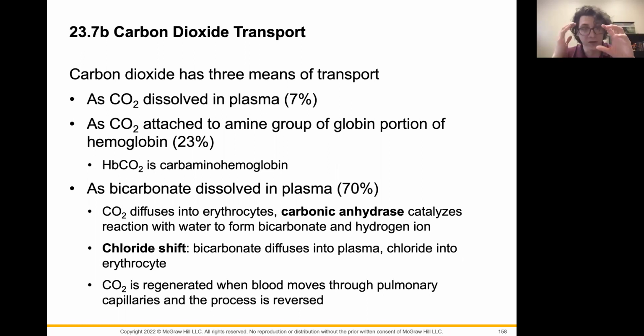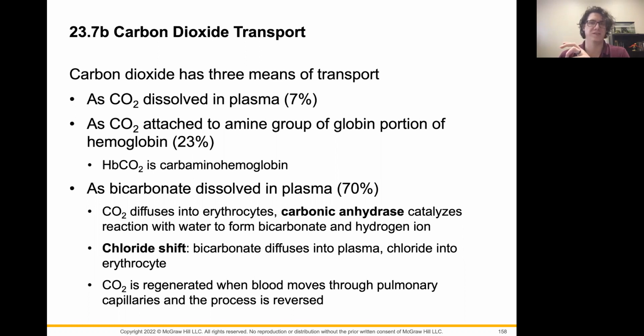So 23% of the CO2 is found bound to hemoglobin, and 7% is found dissolved in the blood plasma.